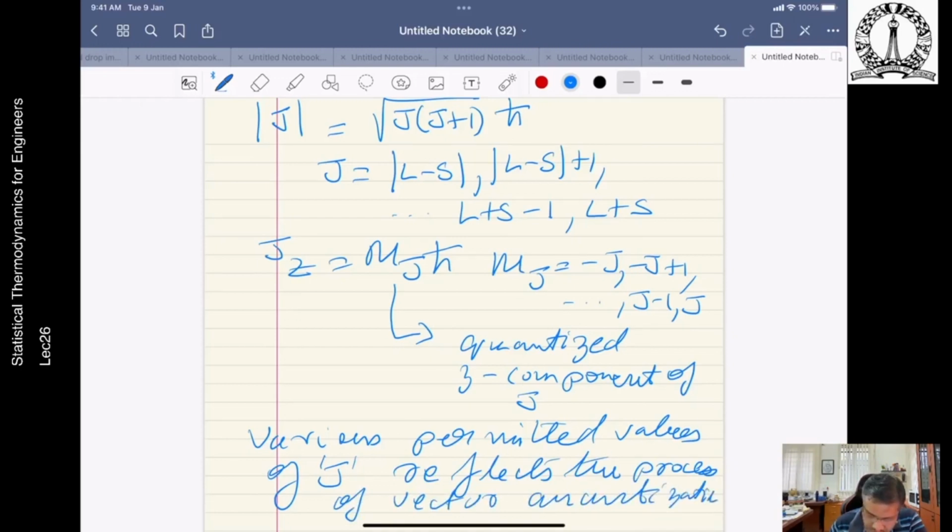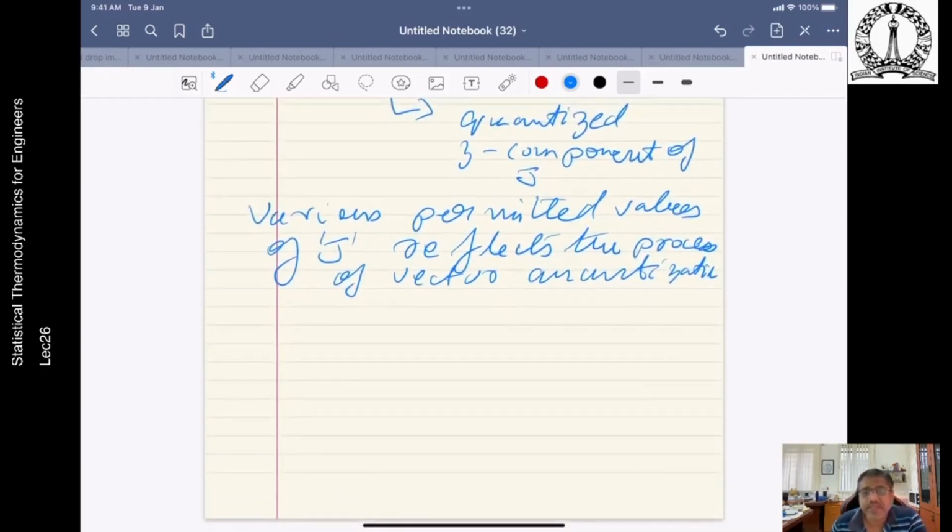And we can give a picture to demonstrate that. Let's look at this picture. Say J is equal to 2, with L and S, this is for L equal to 1, S equal to 1.